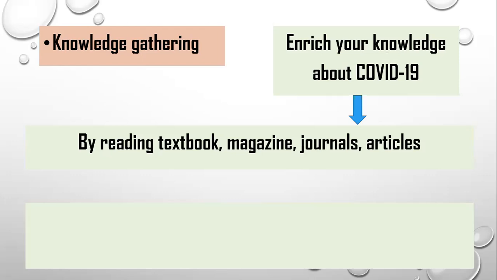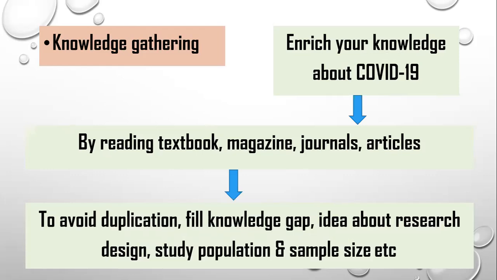He or she can do this by reading textbooks, magazines, journals, and articles. This is the literature review, and it is done to avoid duplication of research work, to fulfill the knowledge gap of the researcher, and to have an idea about the research design, study population, sample size, etc.